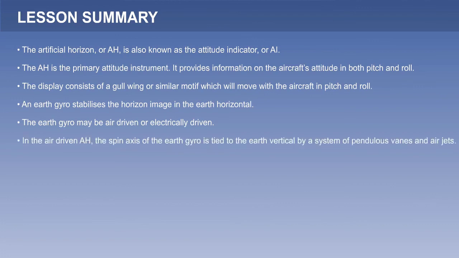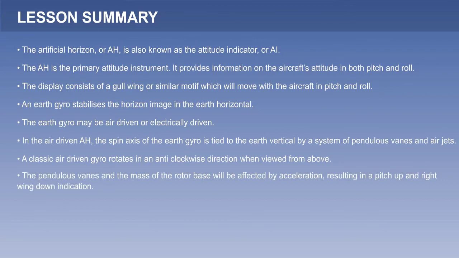In the air-driven artificial horizon, the spin axis of the Earth gyro is tied to the Earth vertical by a system of pendulous vanes and air jets. A classic air-driven gyro rotates in an anti-clockwise direction when viewed from above. The pendulous vanes and the mass of the rotor base will be affected by acceleration, resulting in a pitch up and right wing down indication.